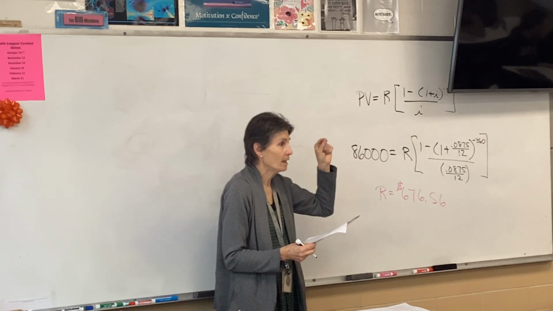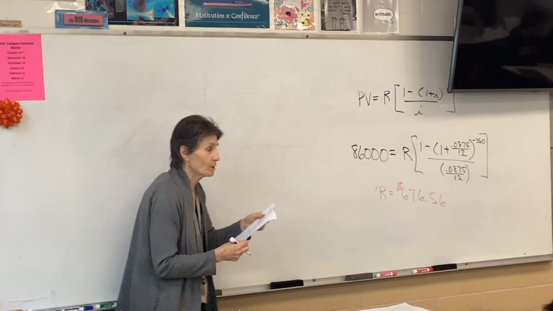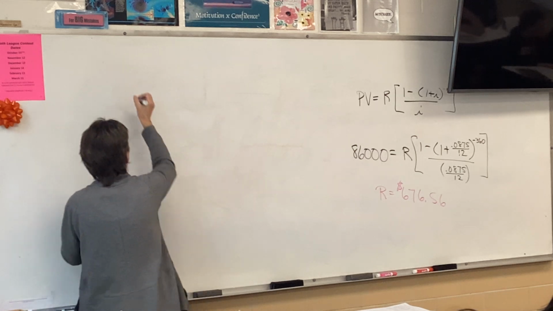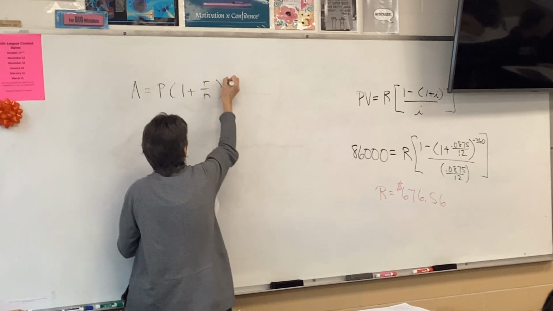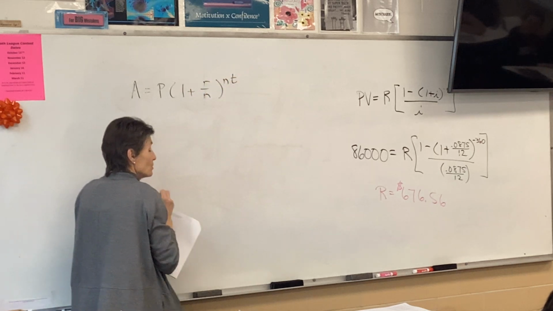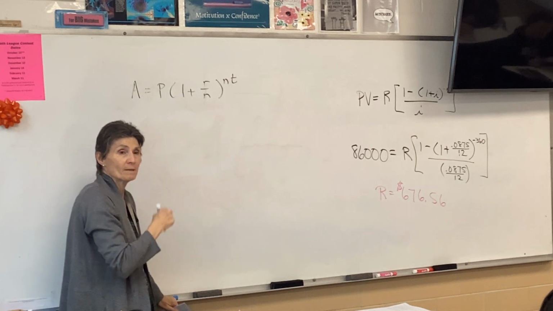Is Joel making payments? No. So we're going to use our regular compound interest formula. Again, you do not need to memorize this, but you need to know how to use it, and you need to recognize that it's the formula for this problem.